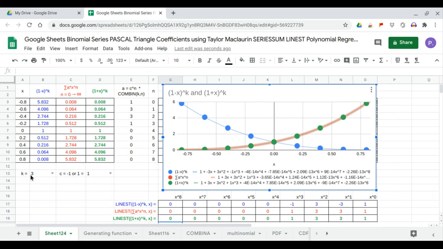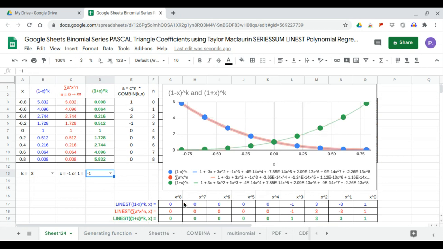At k equals 3, the red line is on the green. So these two regression coefficients are the same if c equals positive 1. If it's negative 1, the red line is on the blue, then the regression coefficients of the Taylor-Maclaurin SERIESSUM expansion and 1 minus x to the power k are the same.